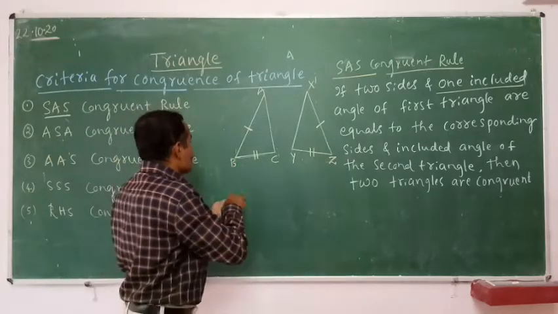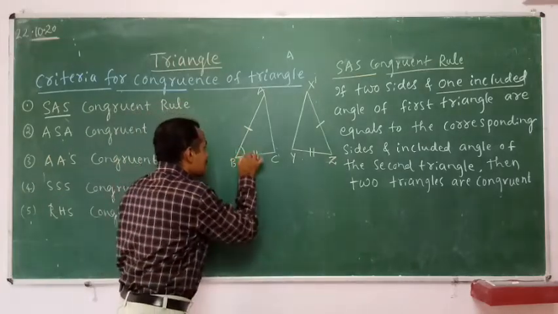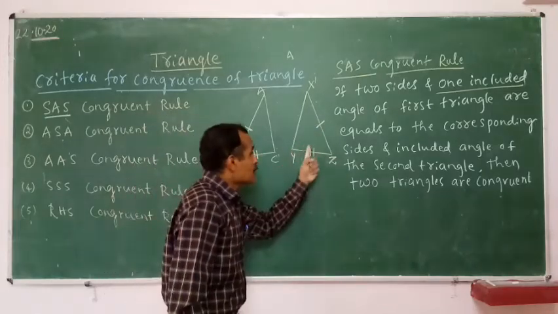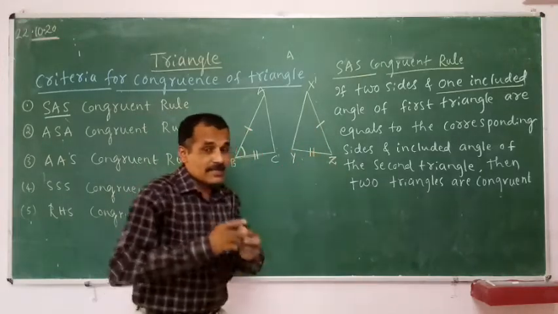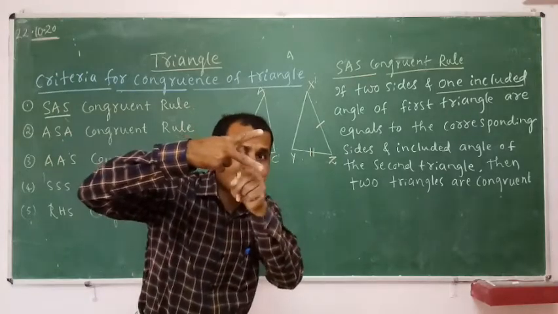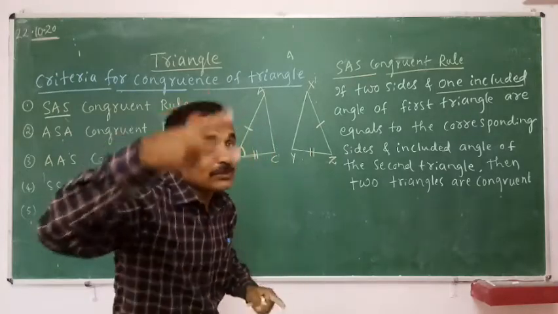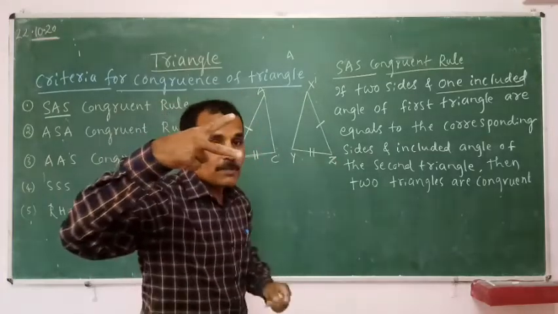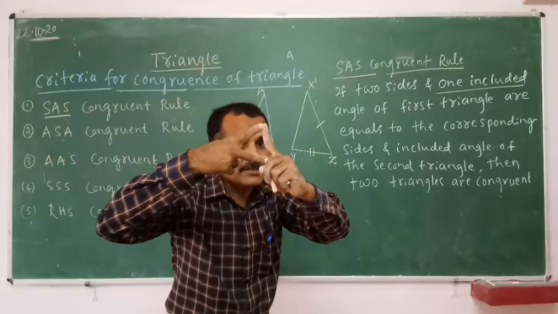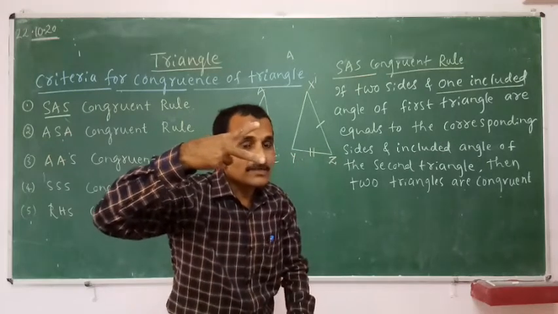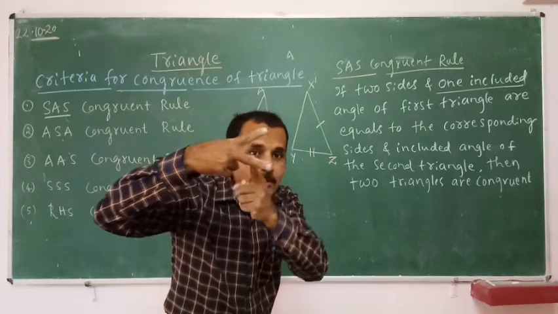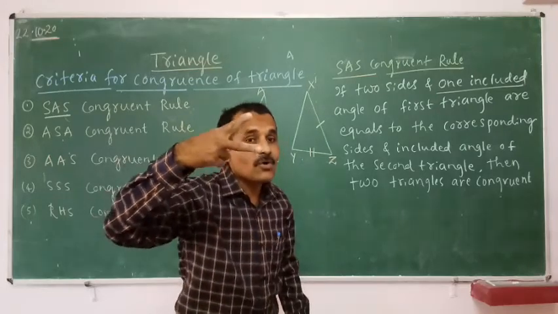Where they are meeting, that angle is called the included angle. There is one more side also here, but which two sides are taken? The angle in between those two is called included.